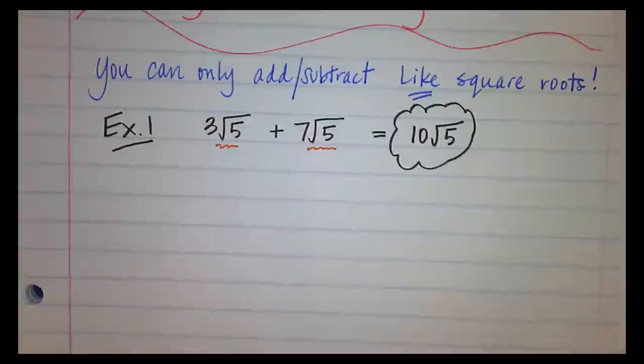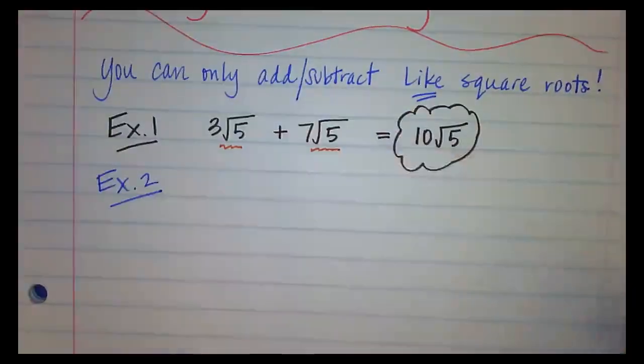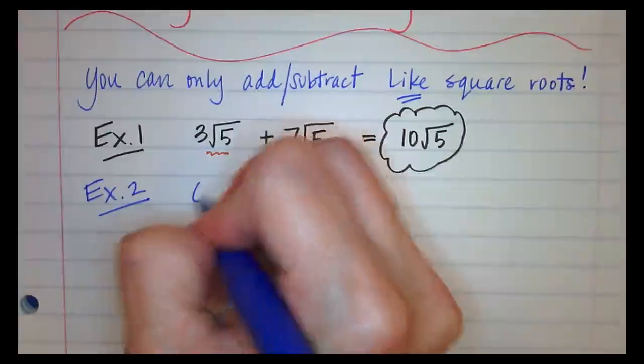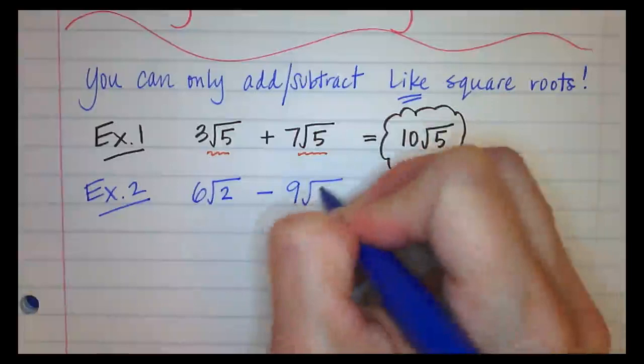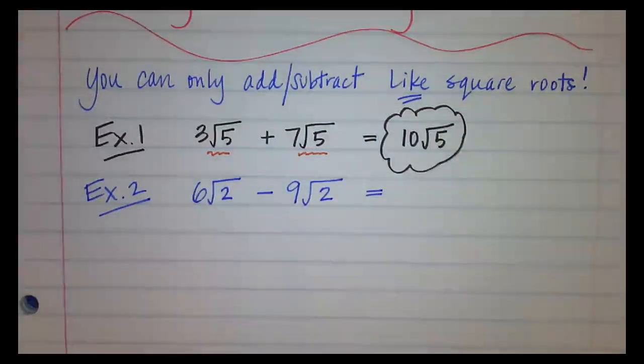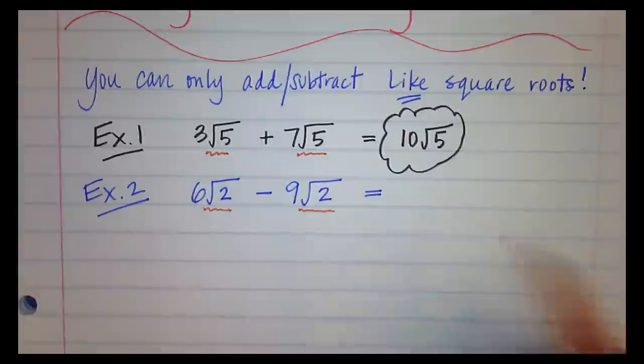All right, let's try another one. For example 2, let's say we have 6 root 2 minus 9 root 2. Again, we want to look at our radicals. This one is the square root of 2, and this one is the square root of 2, and those are like square roots.